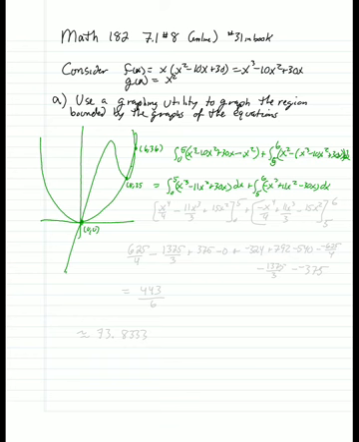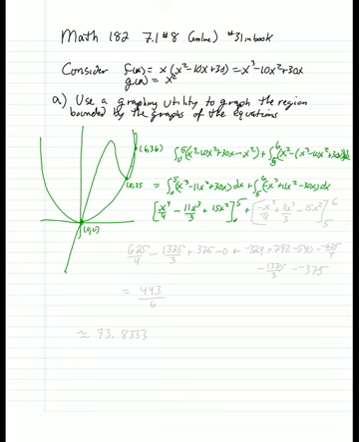And we integrate this. We have x to the 4th over 4 minus 11x cubed over 3 plus 15x squared. It'd be 30x squared over 2, that reduces to 15x squared. That's going to go from 0 to 5.